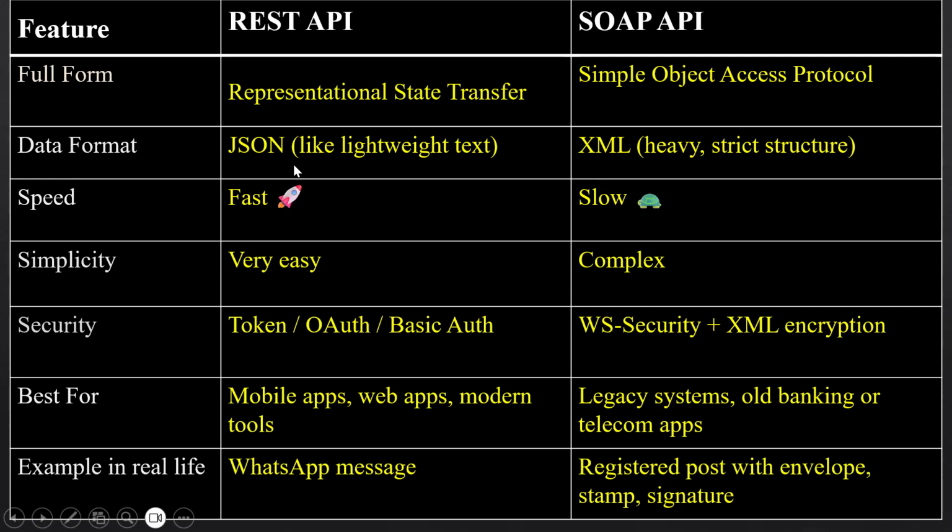JSON means a simple key-value structure, small in size, easy for browsers and mobile applications. JSON stands for JavaScript Object Notation, but XML is Extensible Markup Language. It is heavy, but JSON is lightweight. XML uses opening and closing tags, is large in size, and is more strict and formal.